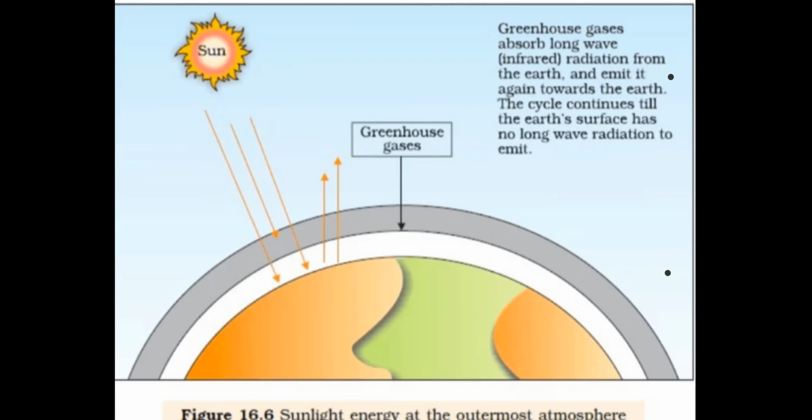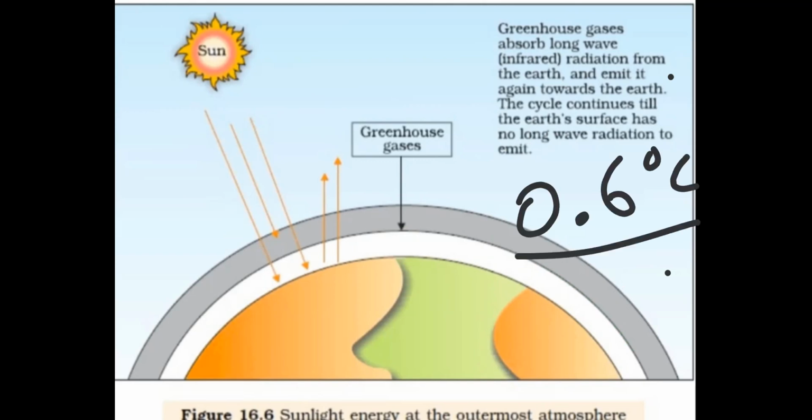Simply, global warming means the melting of the ice caps, right? The increase in the level of greenhouse gases has led to considerable heating of Earth, leading to global warming. During the past century, the temperature of Earth has increased by 0.6 degrees Celsius, right?